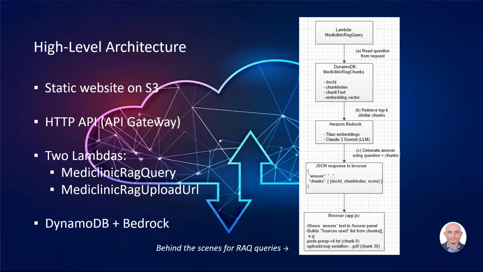And RAG query, a Lambda called MediClinic RAG query that runs the retrieval augmented generation pipeline. For RAG, the Lambda talks to DynamoDB, where I store SOP chunks and their embeddings, and to Amazon Bedrock, which provides both the Titan embedding model and the Claude 3 Sonnet language model.